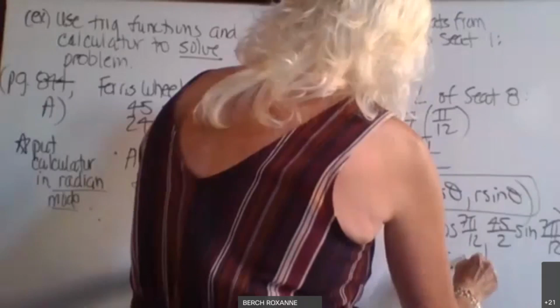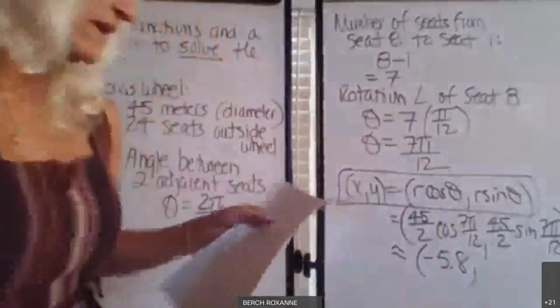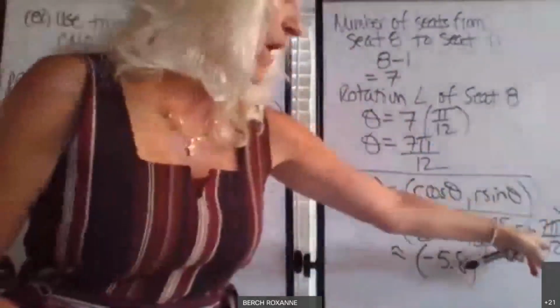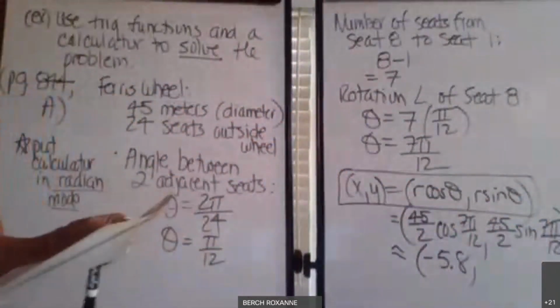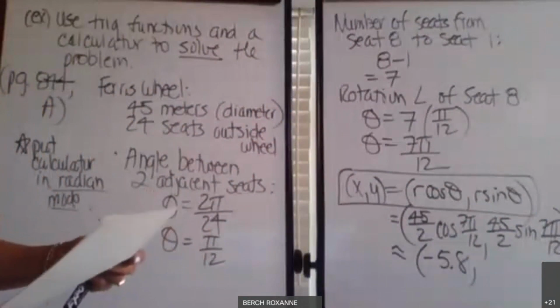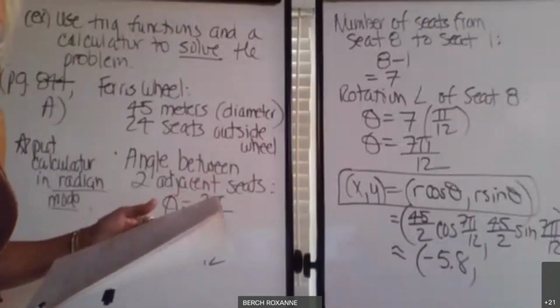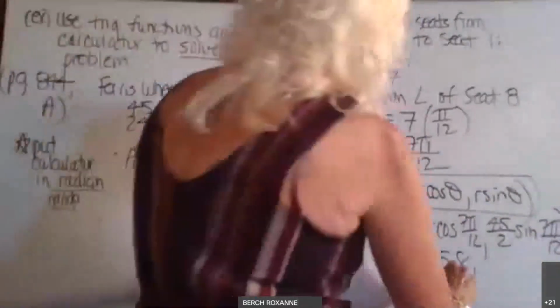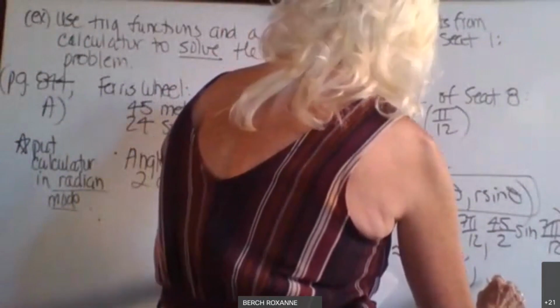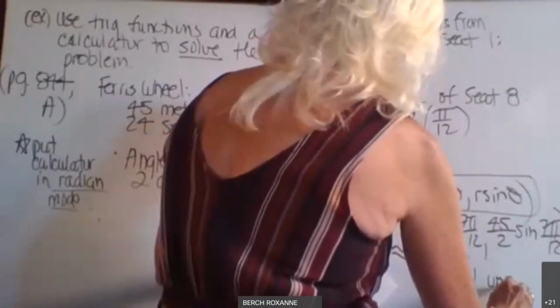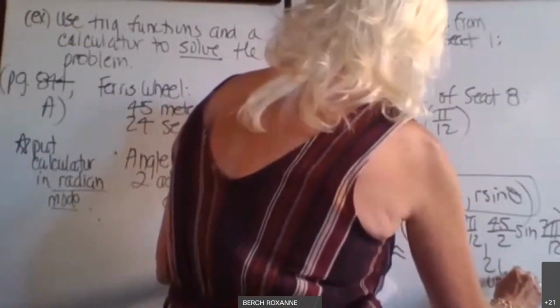Yeah, that's correct. And then what's sine of 7 pi over 12 times 45 divided by 2? About 21.7.